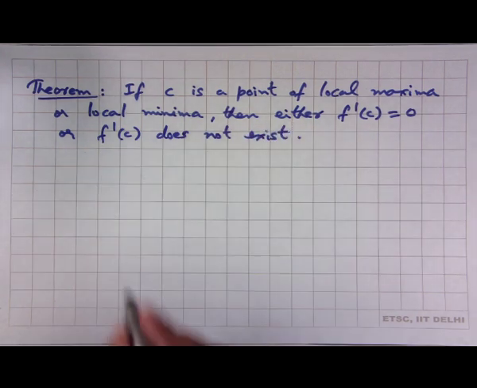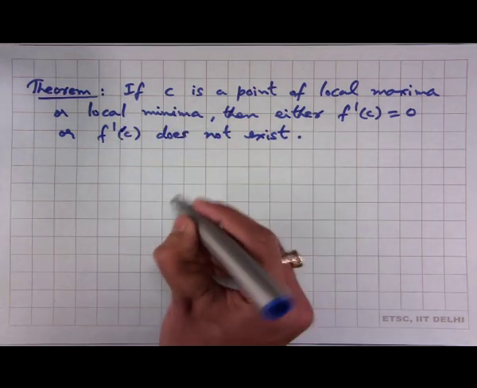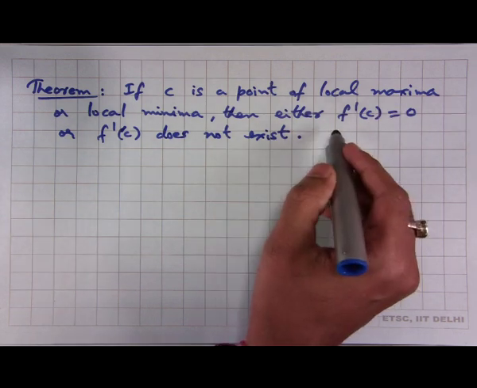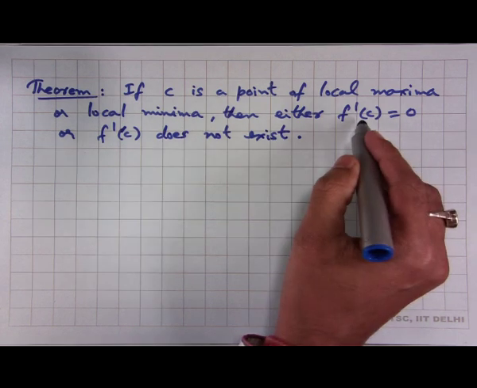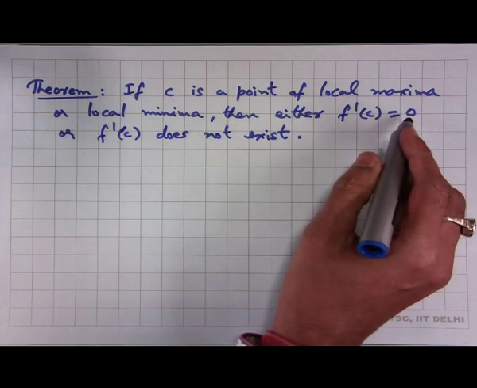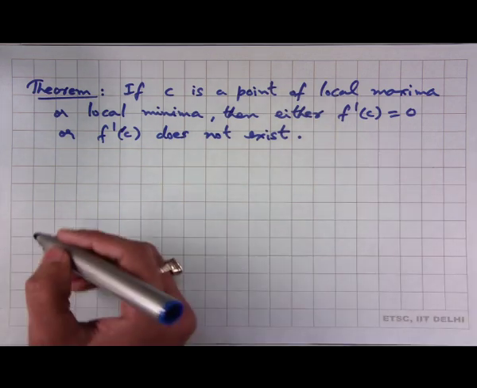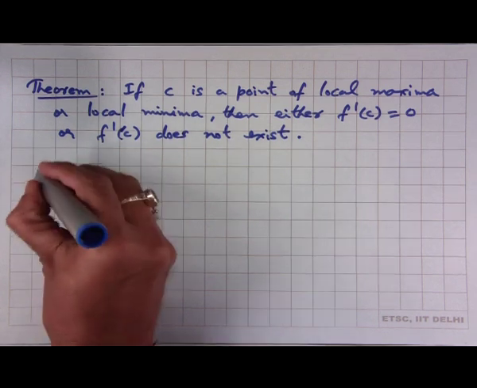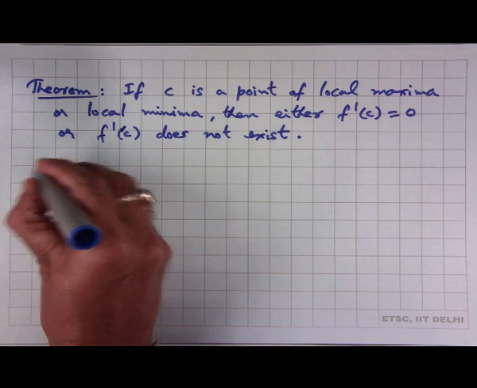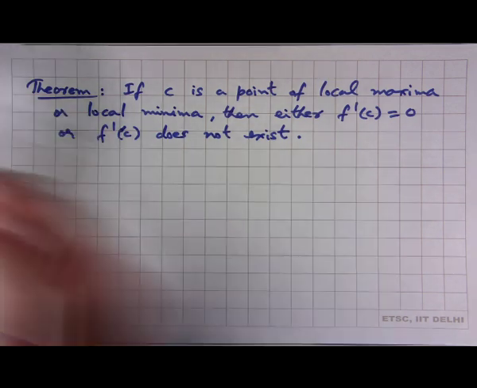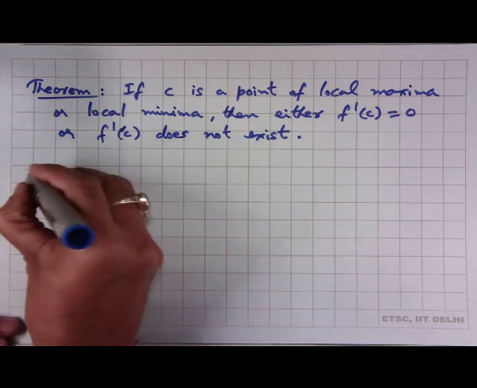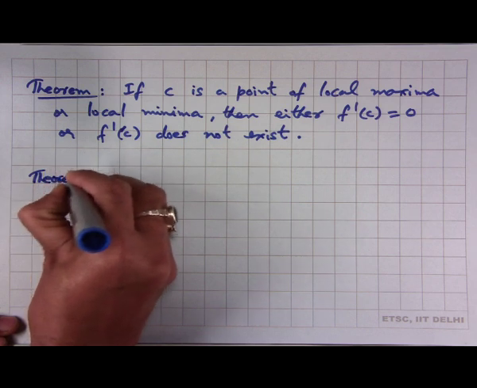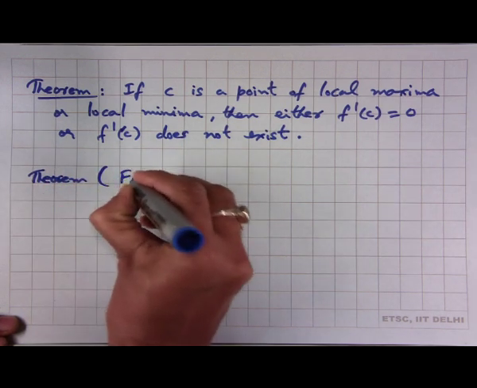Remember that we have proved this in previous lectures: if we have a point of local maxima or local minima, and if the derivative exists, then the derivative must be equal to 0 there. Also, we have what is called the first derivative test.